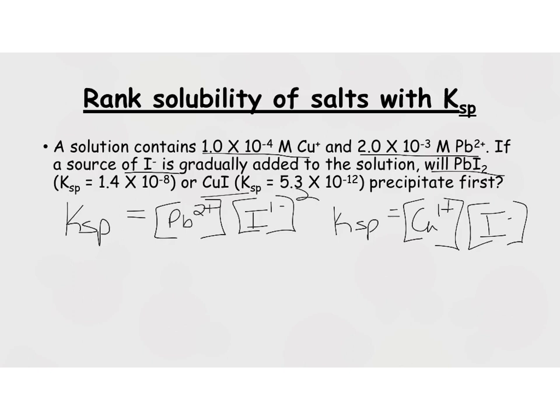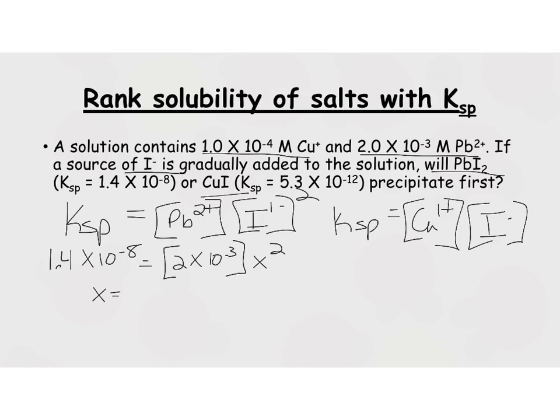Well, first we're plugging in our copper and our lead. For this one, our KSP is 1.4 times 10 to the negative 8th. Our Pb2 plus is 2 times 10 to the negative 3rd. And I'm looking for my I, so we're going to call that x, and that's going to be x squared. Solve for x.